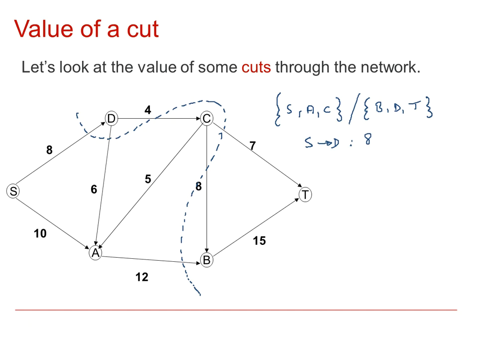We can also look then at those that are coming from C. We've got from C to T, and that has a value of 7. From C to B, that has a value of 8. And then the other one that we need to consider is from A to B, which has a value of 12. So actually quite a large total value there of 35.